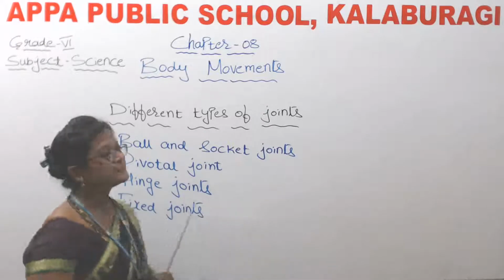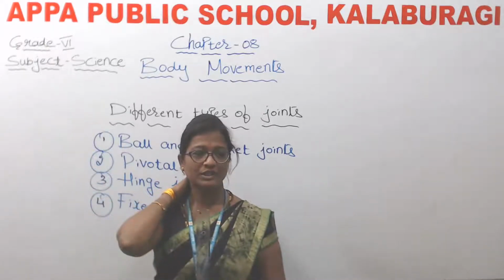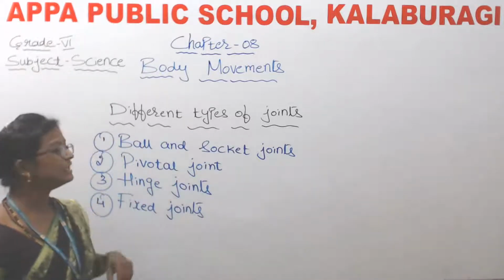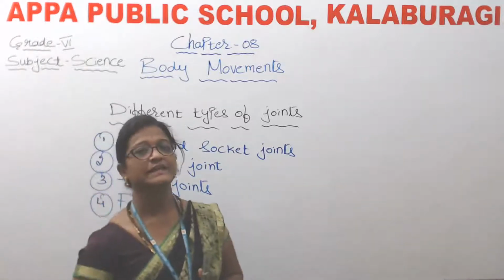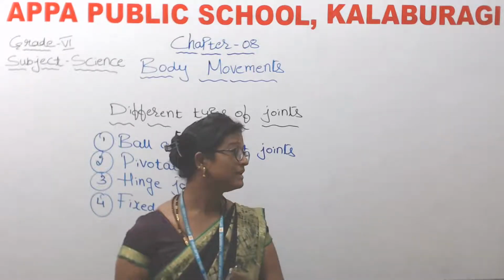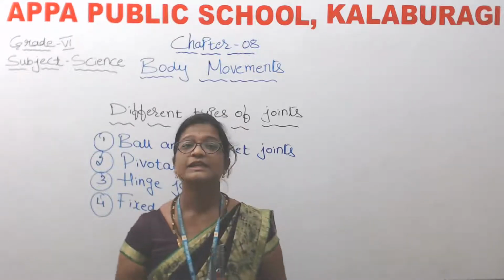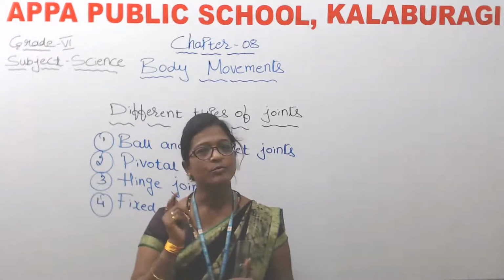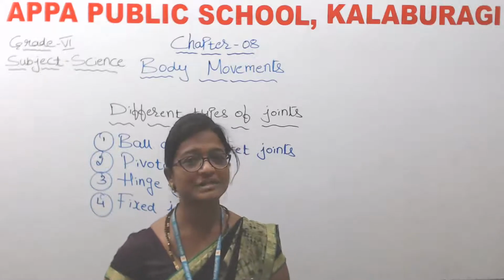Okay. So next is the pivotal joint. This joint is present in the head below the neck, isn't it? How does this joint help? See, if somebody calls you, you turn right, and you may turn left. You can see forward, backward, up, down. You can move your head. How is it possible?